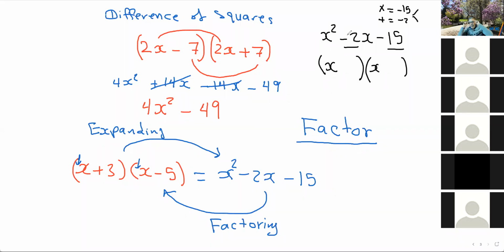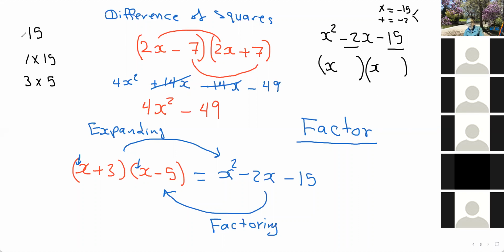You have 1 and 15 or 5 and 3. So don't think about the 2 things at the same time. Always think what multiplies to give me 15. You don't even have to think negative 15. So it's either 1 times 15 or 3 times 5.